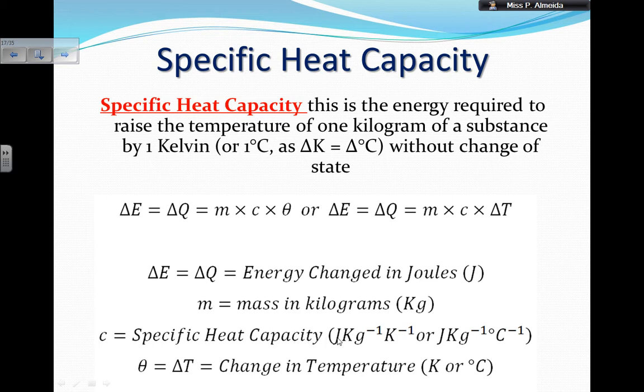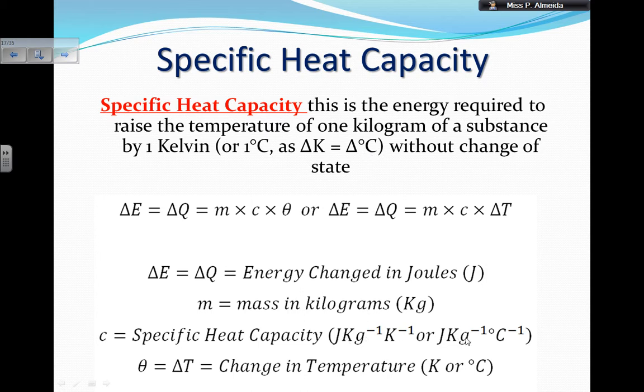C is going to be in units of joules per kilogram Kelvin, or J kg^-1 K^-1, or J kg^-1 °C^-1, again because the change in temperature in Kelvin is the same as the change in degrees Celsius. Again, this is in kilograms.